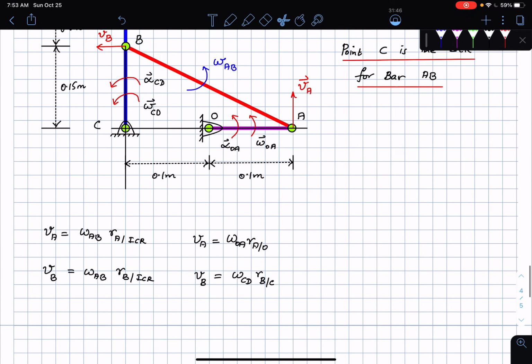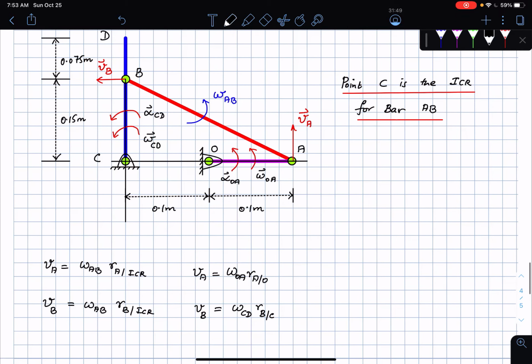Then I can obviously also see that my distances are known to me. So RA/O is 0.1 meters. These are all magnitudes. You see, I'm not putting any vectors on top. Then I'm going to have RB/C, which is going to be 0.15 meters. And then C is the ICR for bar AB.